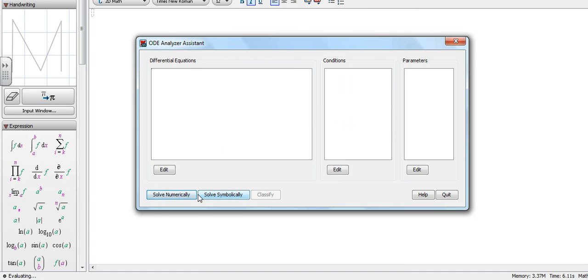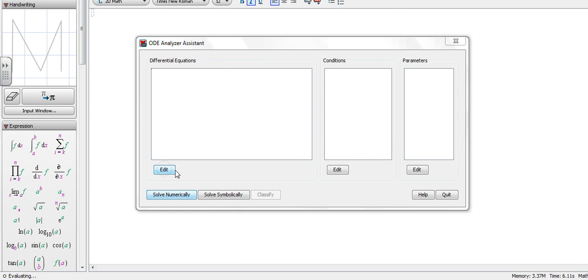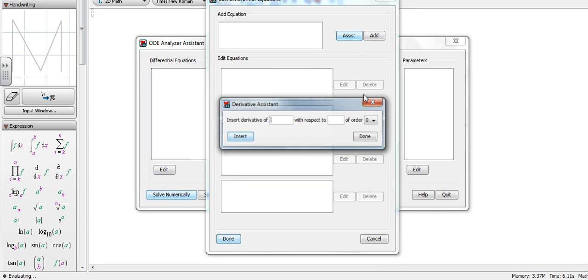So now I have it. I'm going to solve it symbolically, and I didn't save the equation. Wasn't that cute of me? Okay, so I'm going to do it again. Y, x, first derivative, insert, no guy, insert.